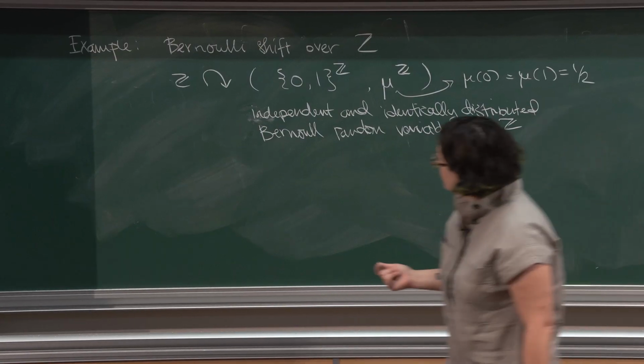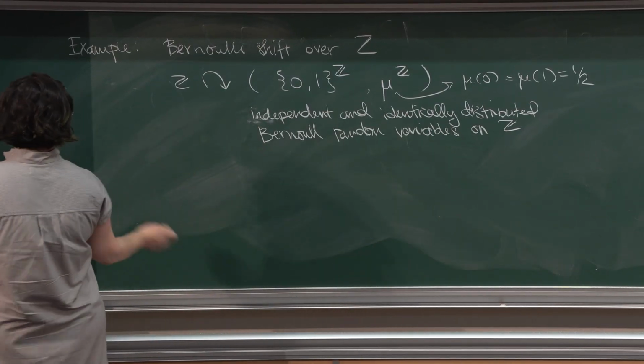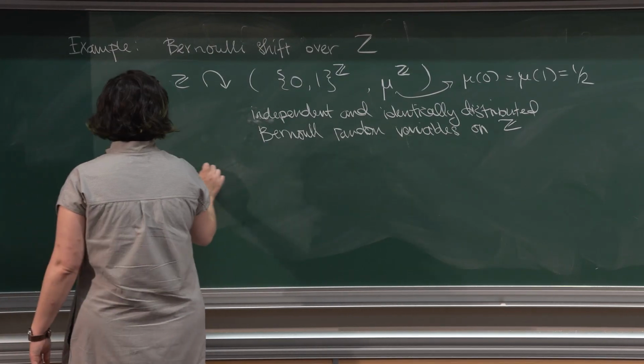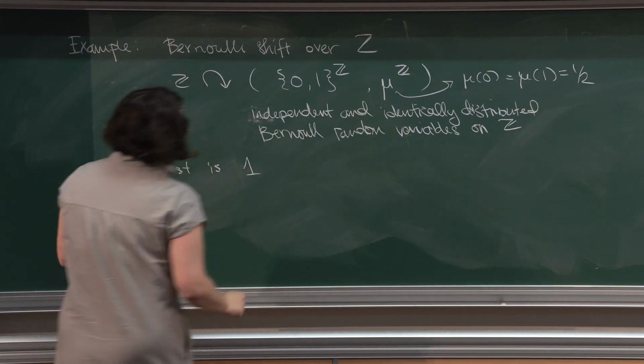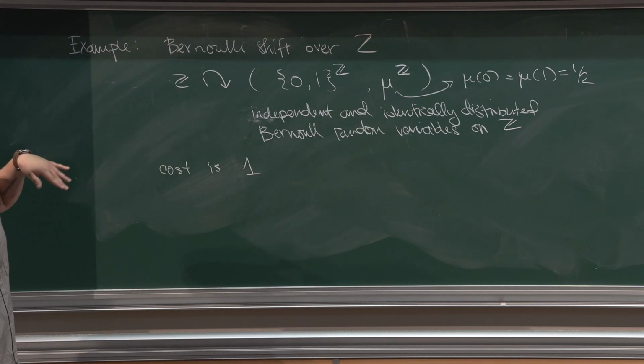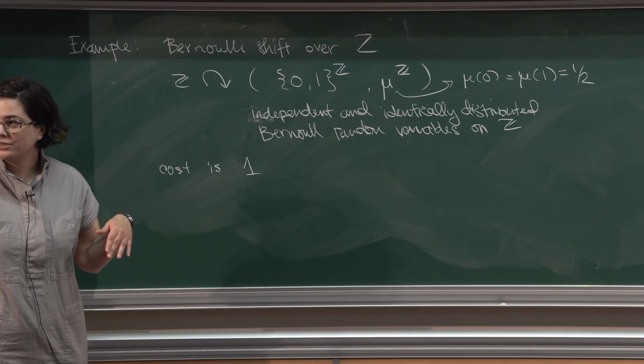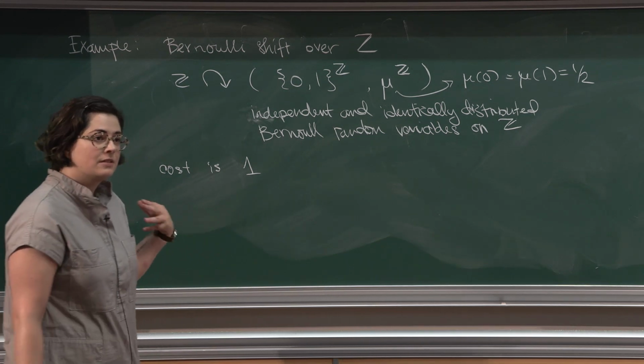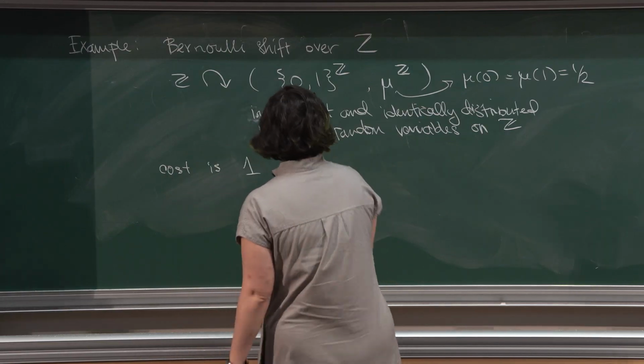For the cost, we want to look at our particular orbit equivalence relation. So in this case, we can sketch an orbit.